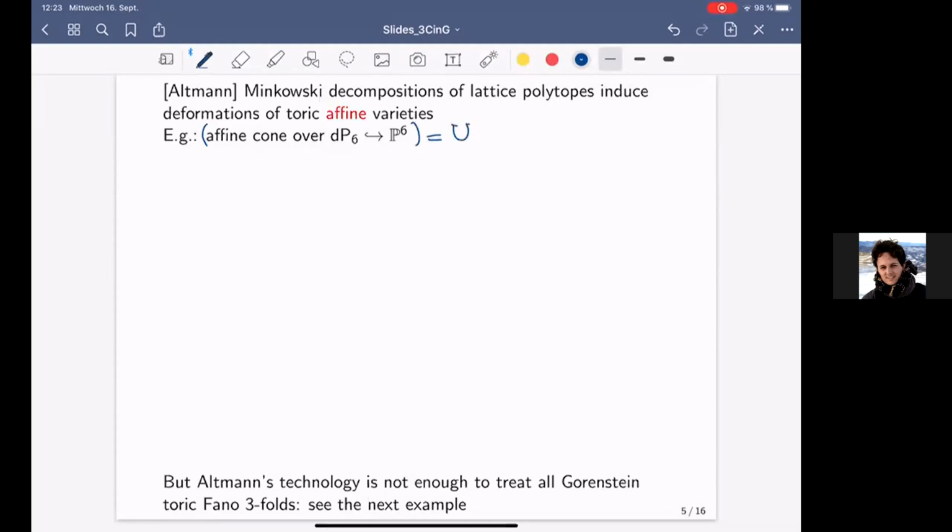Okay, now if I interpret this, so this is a toric affine threefold with an isolated singularity. Okay, so if I want to interpret this in toric geometry, basically this threefold is associated to this lattice polygon.